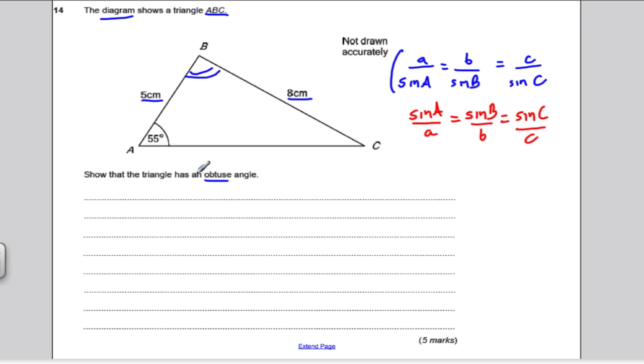Okay, so sine of 55 divided by the side opposite must be sine of that angle, sine at B, divided by that side AC, must be the sine of C, this angle, divided by 5.